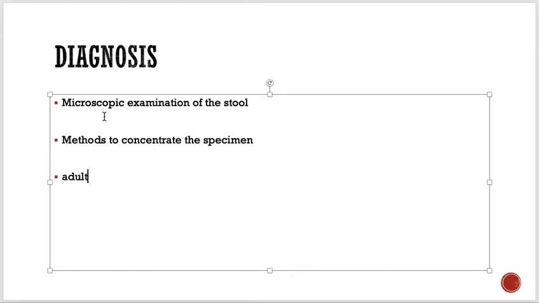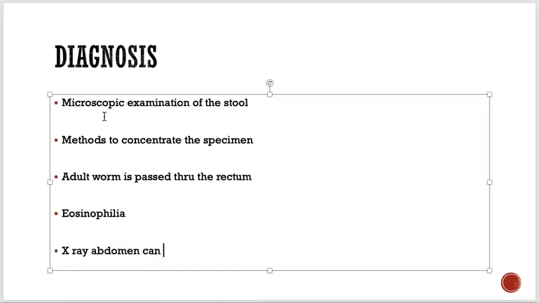Sometimes an adult worm is passed through the rectum and can be seen. You can do a CBC, eosinophilia can be there, and even sometimes a plain X-ray abdomen can reveal a mass of worms. So these are a few of the techniques by which this organism can be diagnosed easily, right? Simply, we have to detect the parasite.